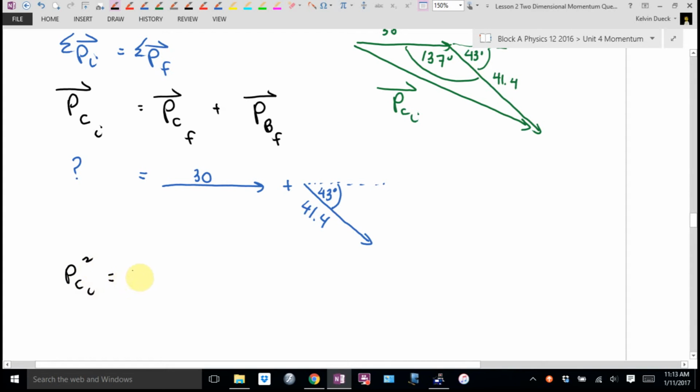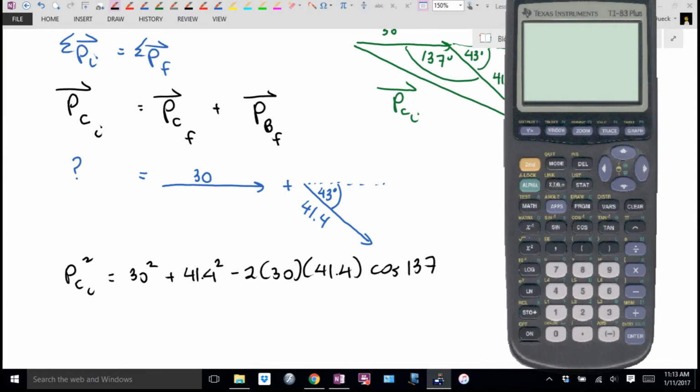squared equals 30 squared plus 41.4 squared minus 2 times 30 times 41.4 cos 137.